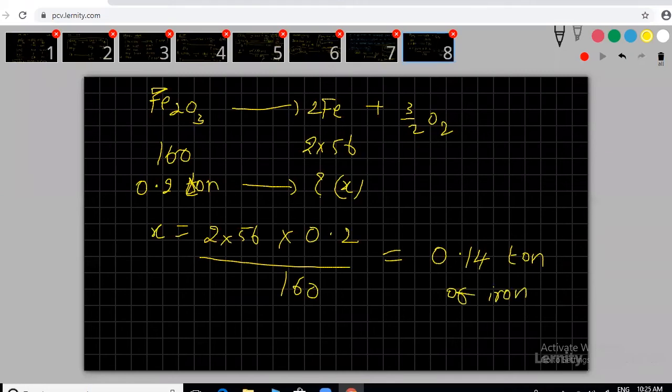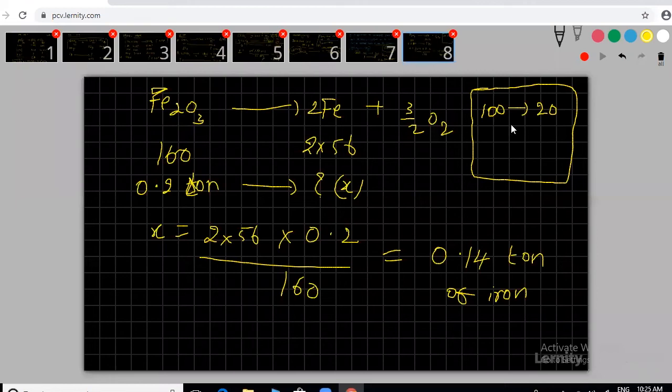If any doubt, please ask. Otherwise, read the question one more time. Right, 20% purity I gave. That we didn't consider actually. If I am taking 100 grams of compound, it contains only 20. Remaining is impurities. That is not Fe2O3.